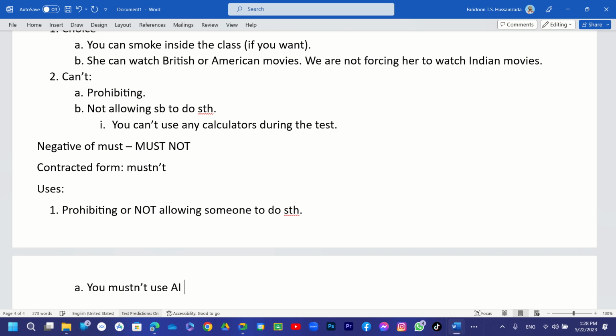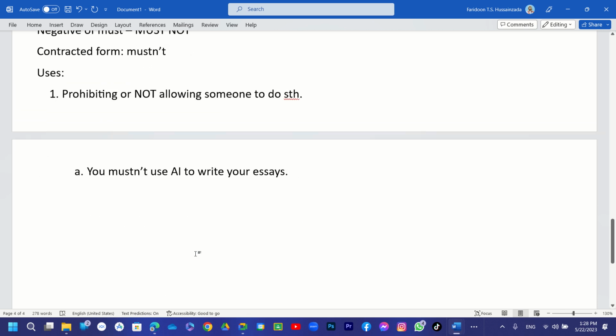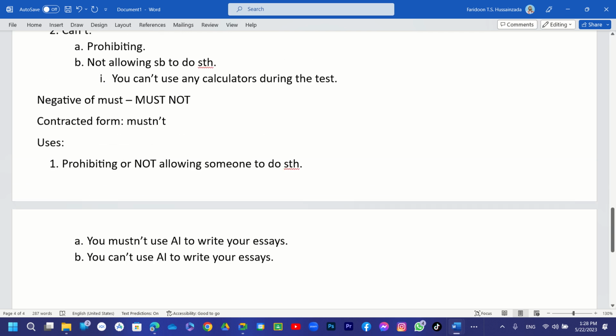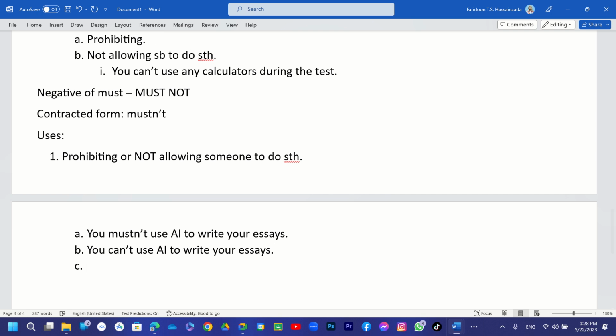You mustn't use AI to write your essays, a problem that currently people have a lot. See, you mustn't use AI to write your essays. If I change it, I can also say what? You can use AI to write your essays. Okay, so very easy, not very hard.